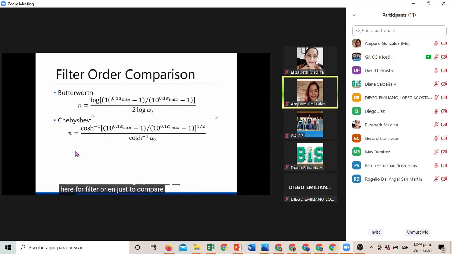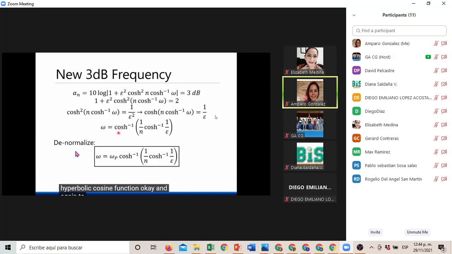Just to compare, your Butterworth is based on logarithm, your Chebyshev is based on the inverse hyperbolic cosine function. Okay, and again, to make it behave like a Butterworth filter, we want our epsilon to be effectively equal to 1.